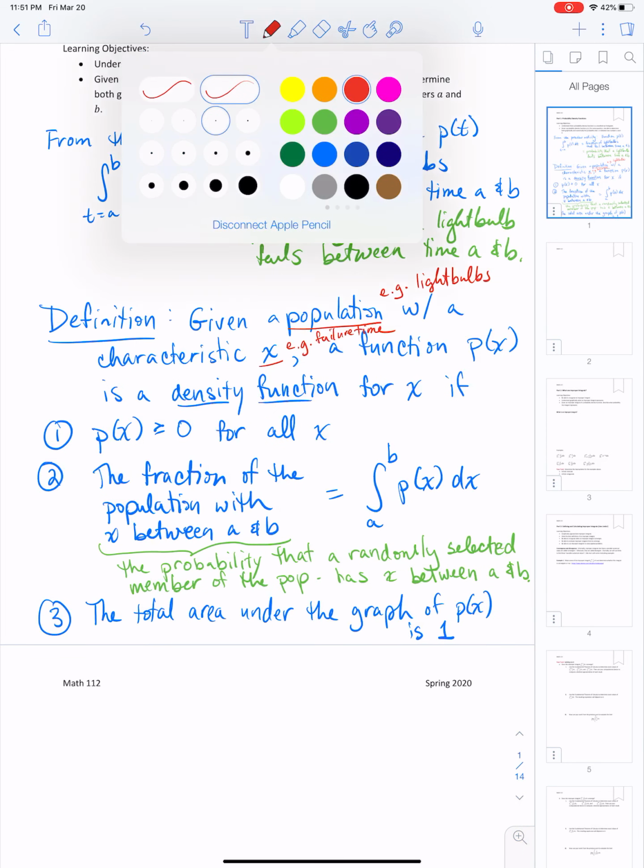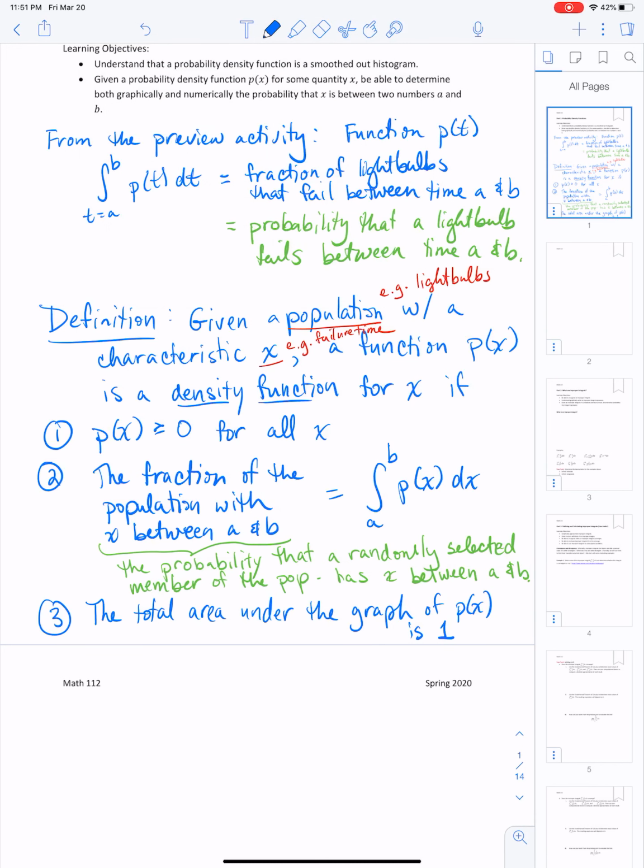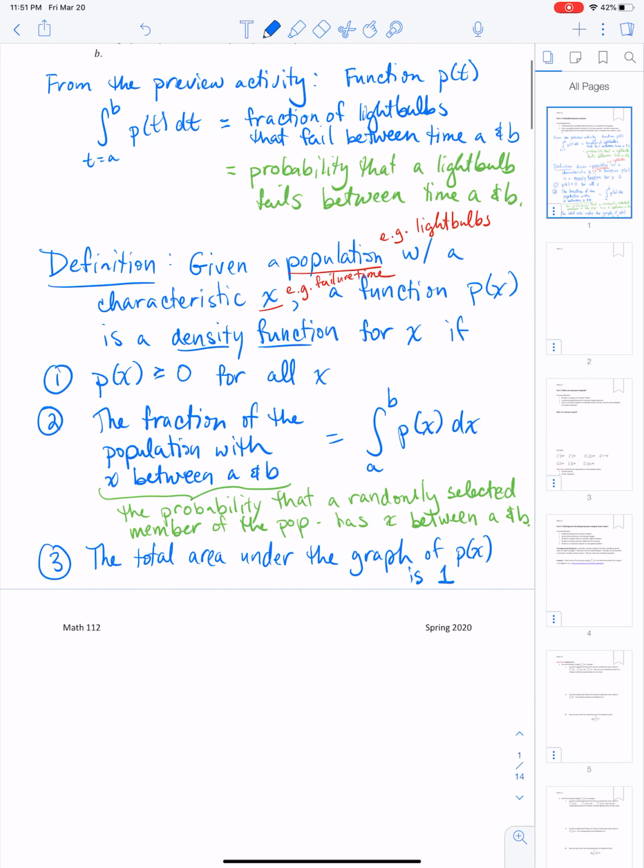So let me go ahead and move on to another example. And this example is dedicated to my son.